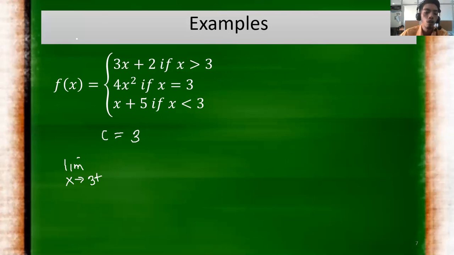So, kapag kukunin natin yung function na 3 from the right, it must satisfy, okay, 3 from the right, it must satisfy the condition x is greater than 3. So, actually, dito sa given natin, ang greater than 3 na condition ay 3x plus 2. So, yun yung gagamitin natin na function, 3x plus 2.